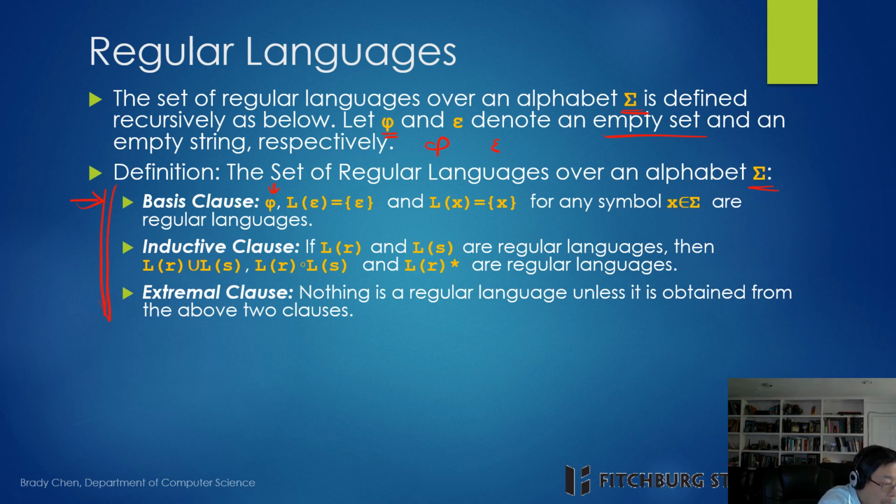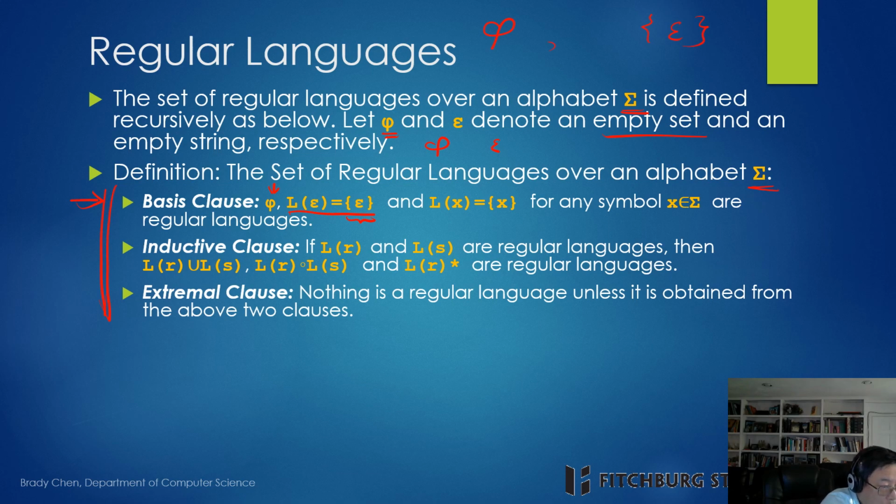Okay. Now, then we define a set which contains the empty string. We use L of epsilon, which is the curly bracket, and there's an epsilon inside. Now you should know the difference between the empty set and the set which contains the empty string.